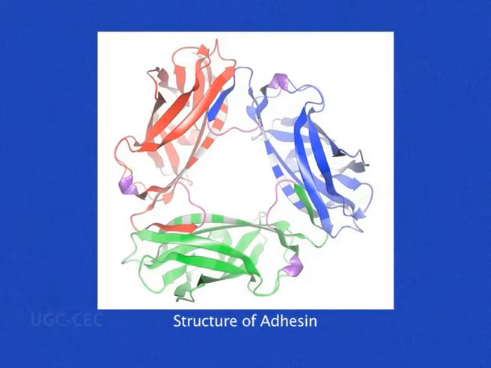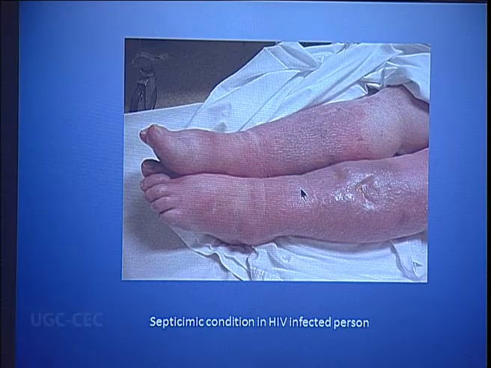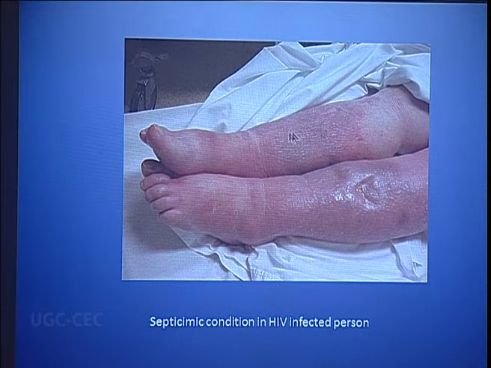This is the structure of the adhesin protein or glycoprotein, and they can induce a septicemic condition in HIV patients. In this HIV-infected person, you can see this streptococcal infection and how the entire leg has edema and redness, and if this condition persists, ultimately the leg has to be amputated.